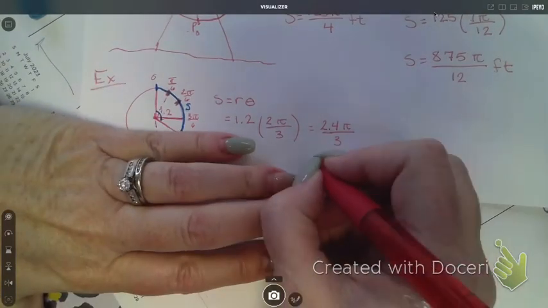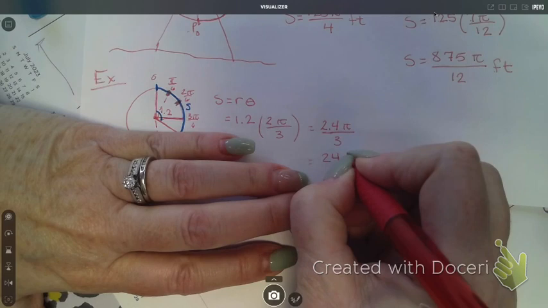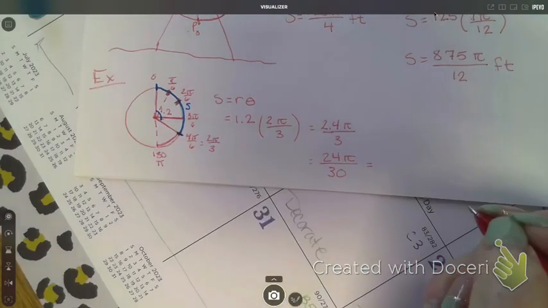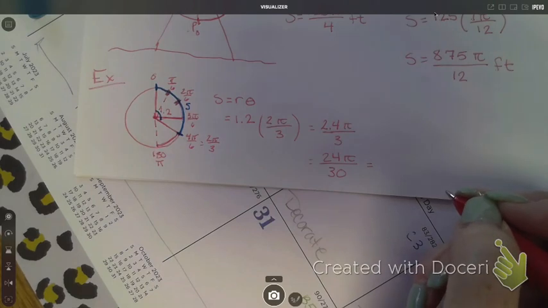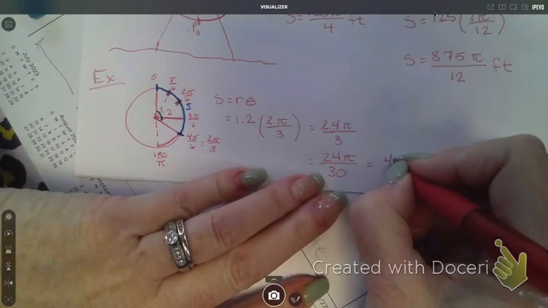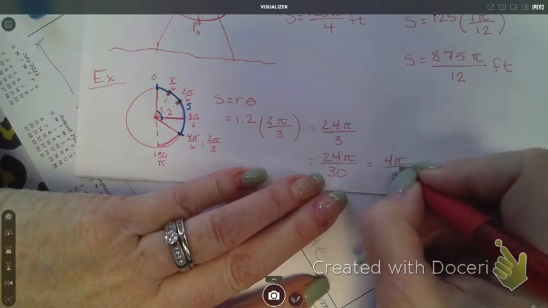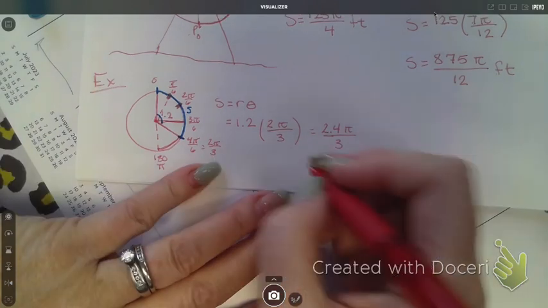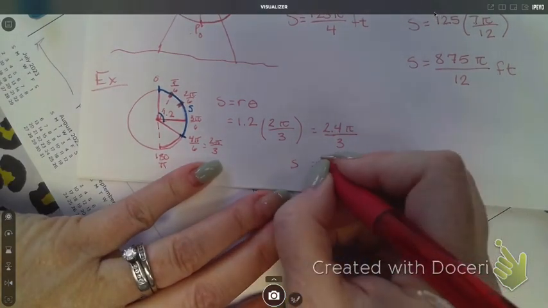So that gives me 24 over 30. Now can I reduce that? Yeah. By what? 6. So it gives me 4 pi over 5 centimeters, because we're looking for S, right? Yes. And then I put that in my calculator.